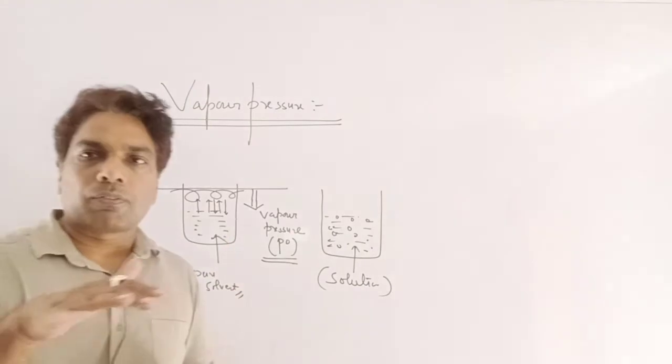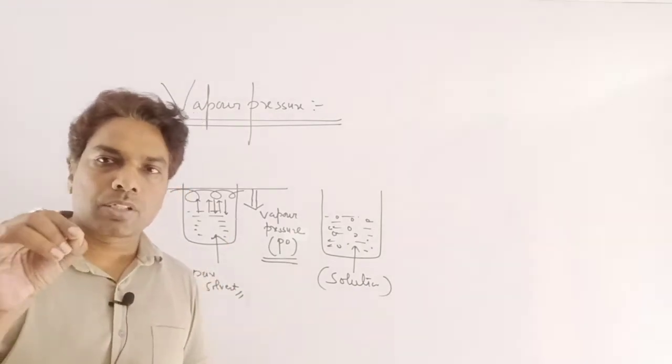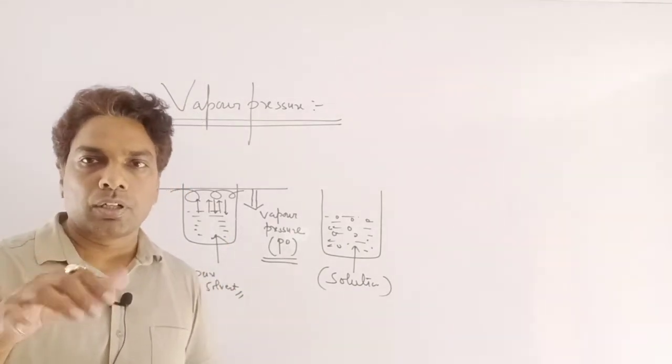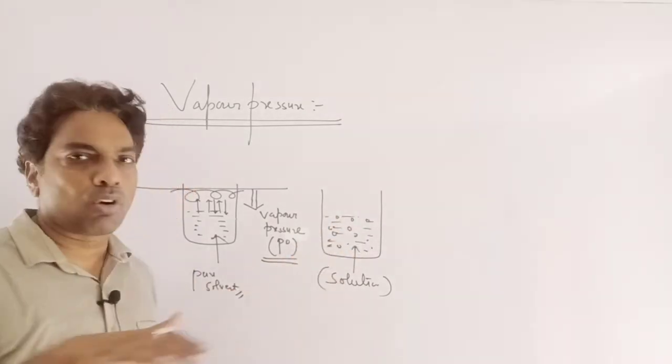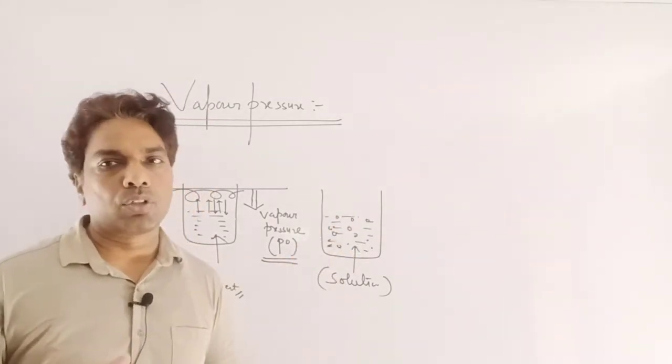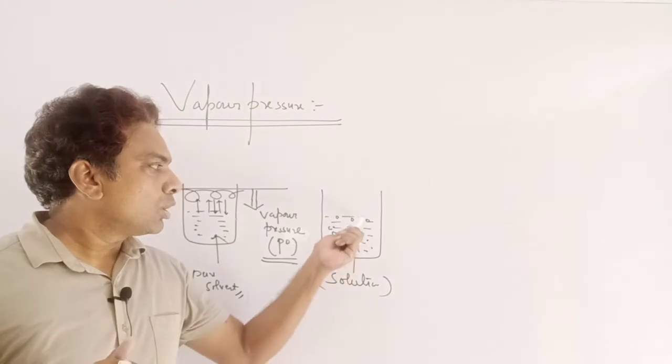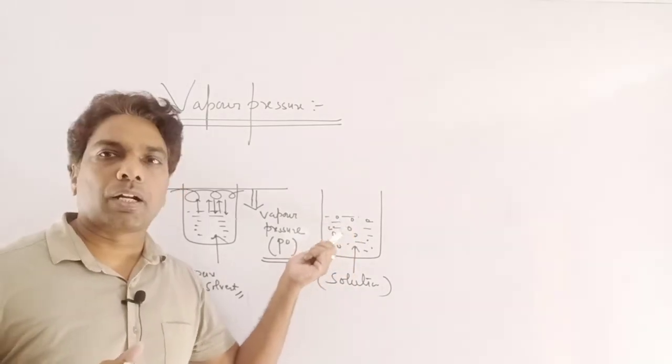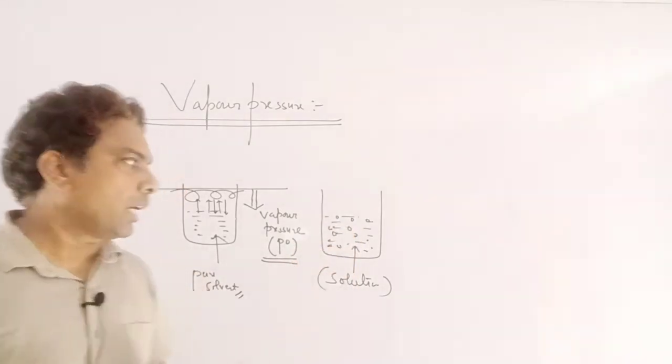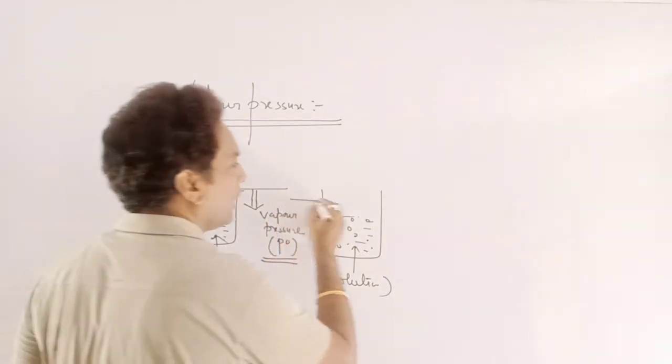Vaporization is a surface phenomenon, and if we mix some solute particles in the pure solvent, some surface space is occupied by solute particles, so the surface space of solvent particles will decrease, and hence the vapor pressure will decrease.